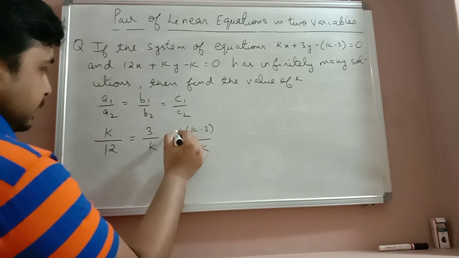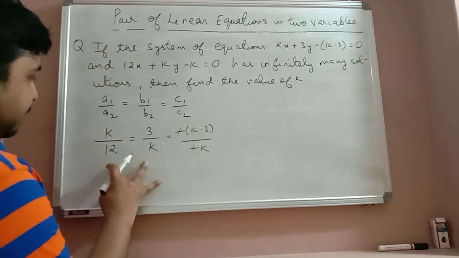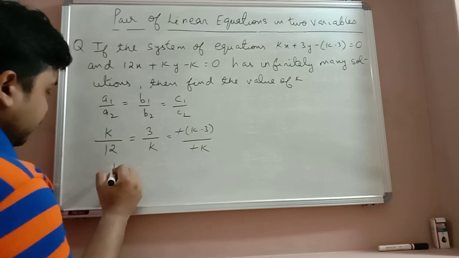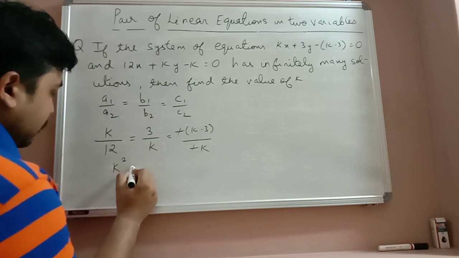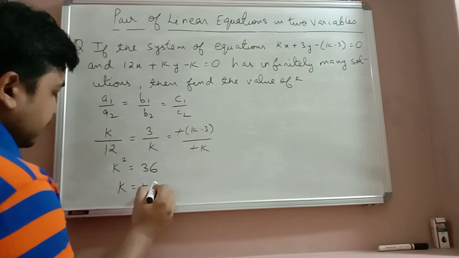Here minus gets cancelled. So equating the first and the second ratios, we will get k square equals 36 or k is equal to plus minus 6.